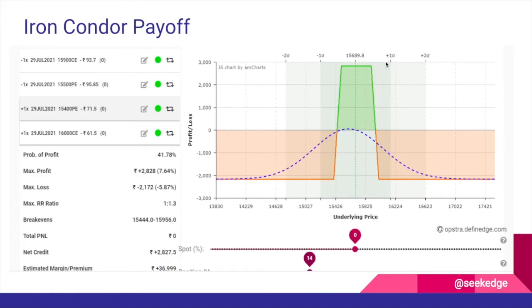So this is the expected range. The range is 15,500 to 15,900, right? 15,900 is the call side and 15,500 is the put side. If the market closes at expiry within a price range between these two values, you get the 100% credit: the full premium that you received, minus the premium that you paid. That's how it is.